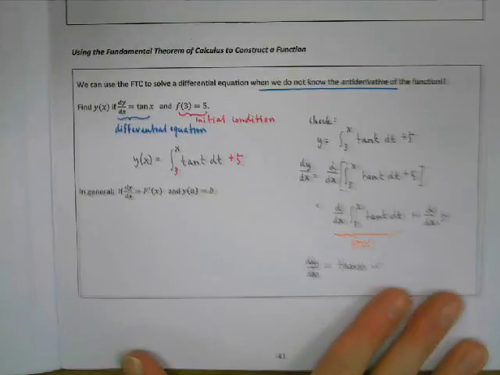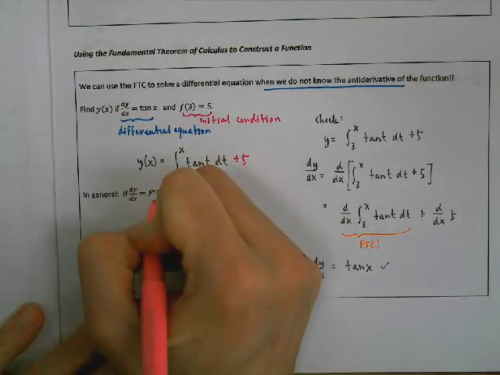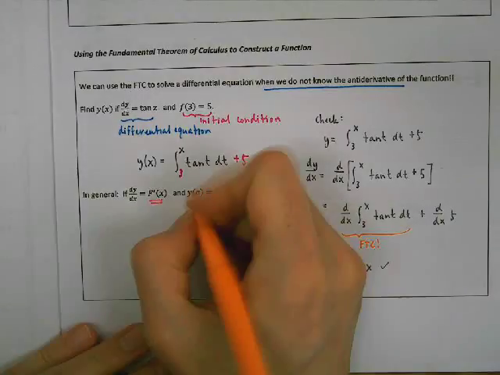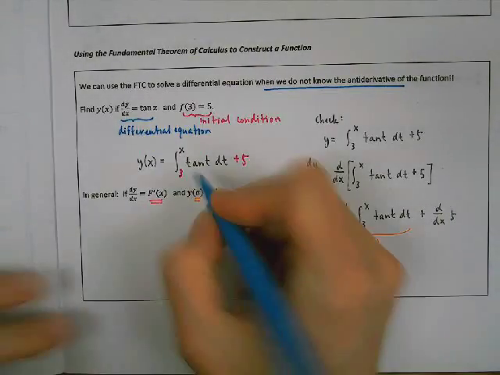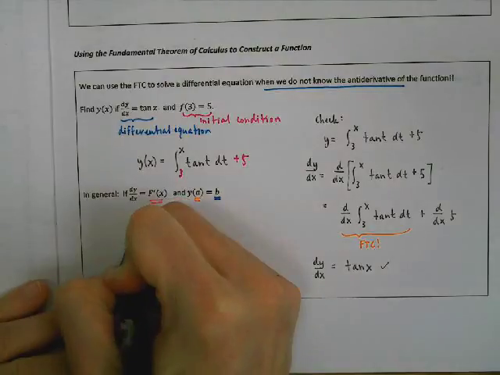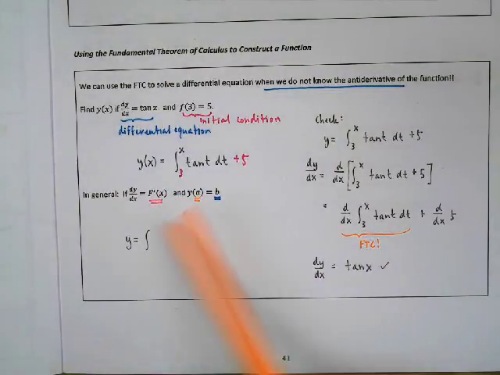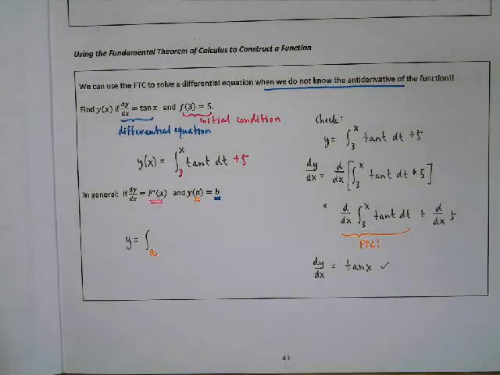So that's how we're going to form these functions. So let's go ahead and generalize it a bit. If our derivative is f prime of x, and my initial condition, let's say y of a, so my x value is a, and my y value is b, here's what our function is going to look like. It's going to be y equals, it's always going to include an integral. That lower limit, or my x value, becomes my lower limit.